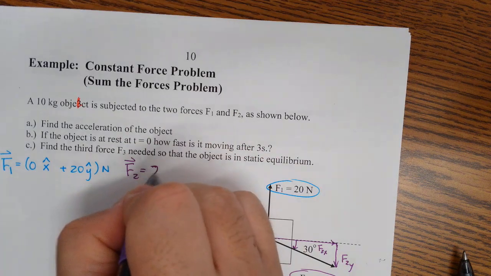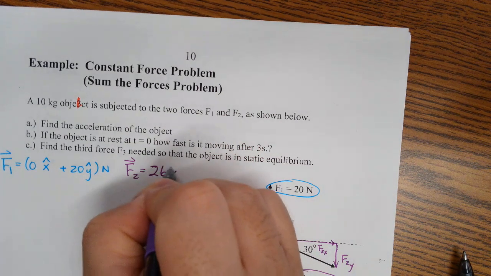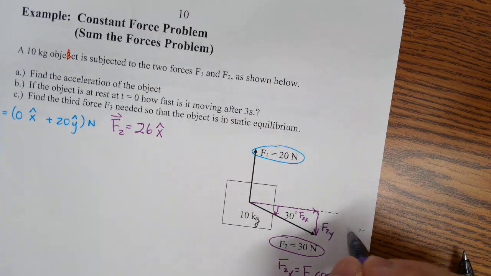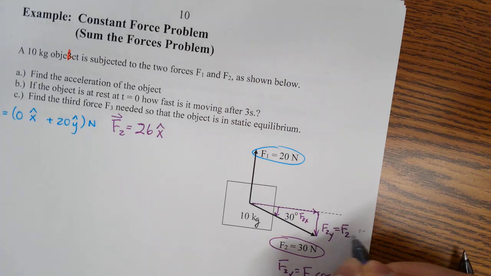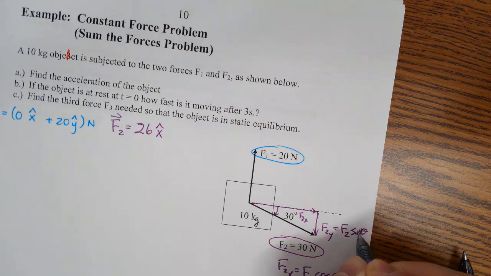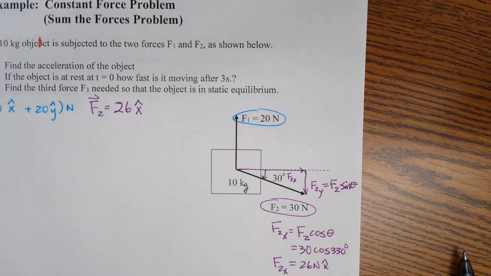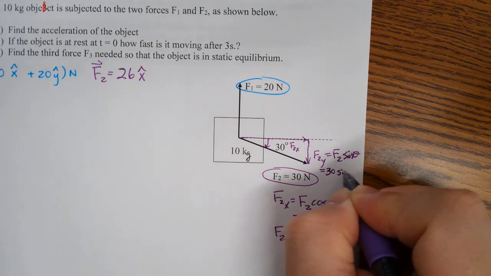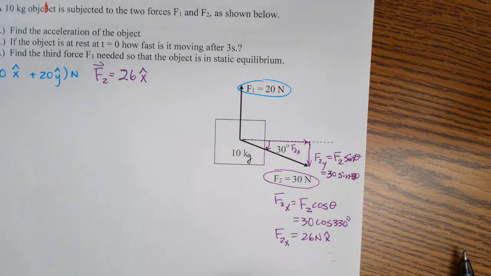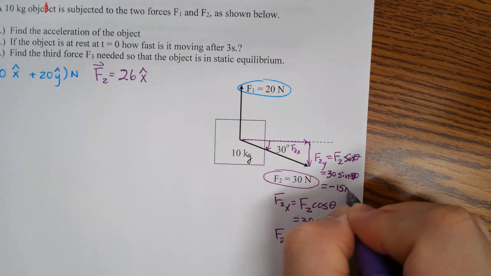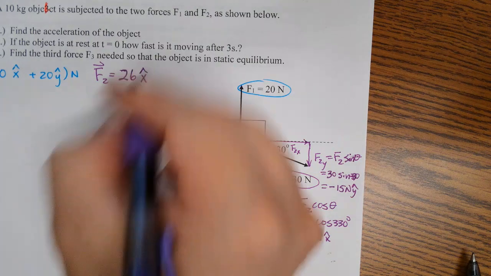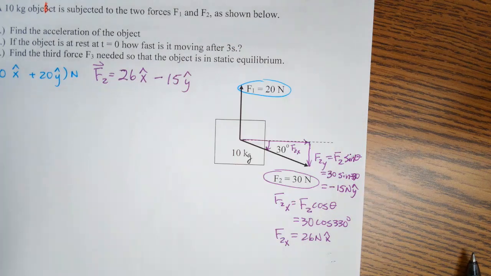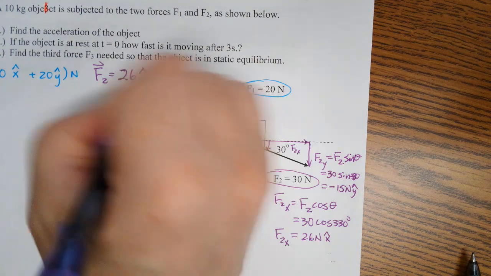So here I get 26 x hat, and F2y is simply F2 sine of theta, and F2y is equal to 30 times sine of 330, and that comes out to negative 15 newtons y hat. So plus or minus 15 y hat, newtons.